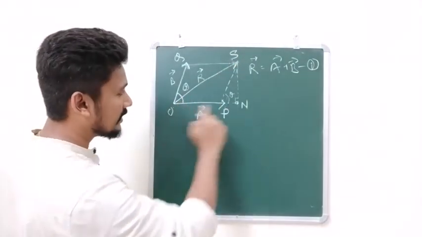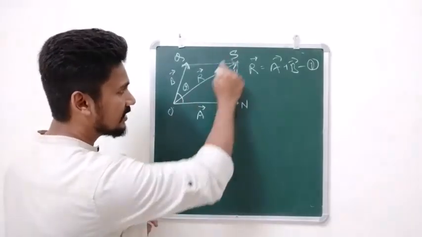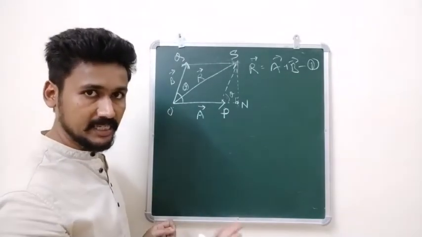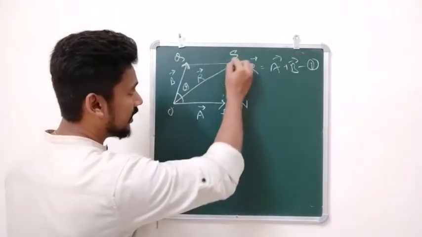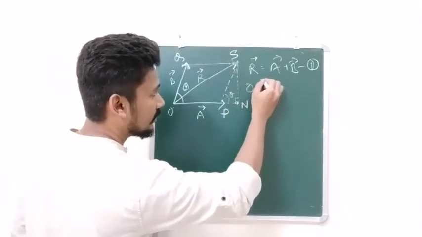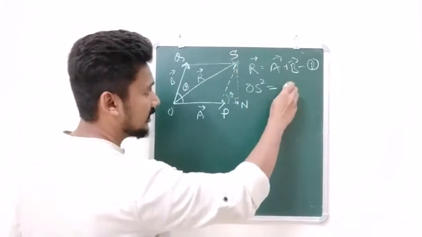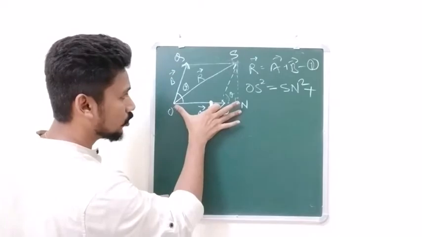When we look at the triangle OSN, this is a right angle triangle, right? So for a right angle triangle, you can use the Pythagoras theorem. OS square is equal to SN square plus ON square.